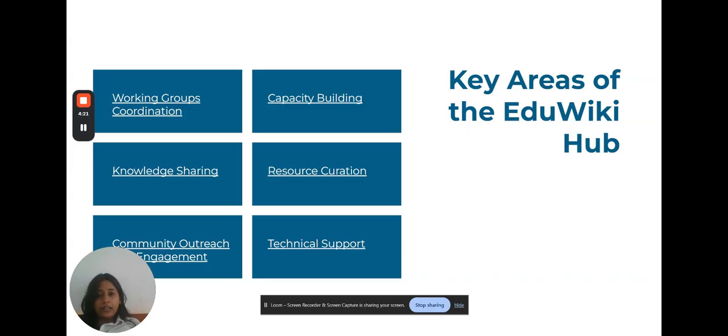Cohort 2 is live. If you're interested, you can simply register there. The pair of mentor and mentee is formed. The hub looks after it, and it's a 6-month program wherein the mentee can learn from the mentor and gain more knowledge. So that is about capacity building.